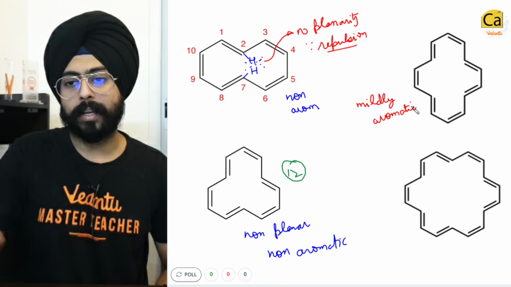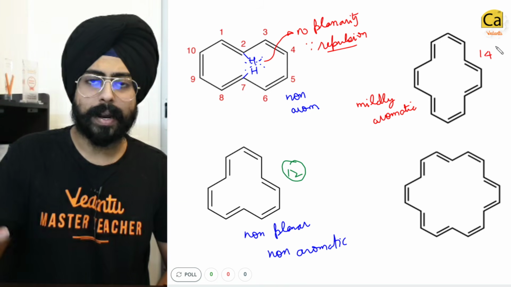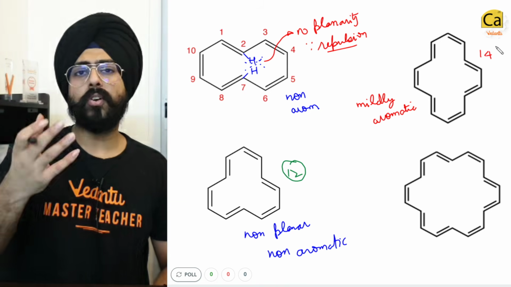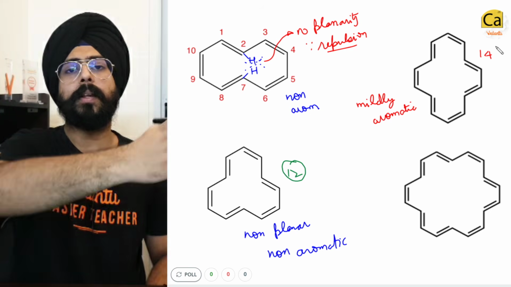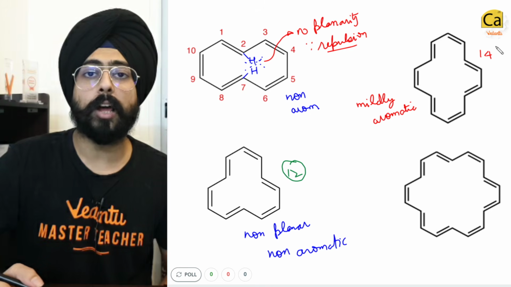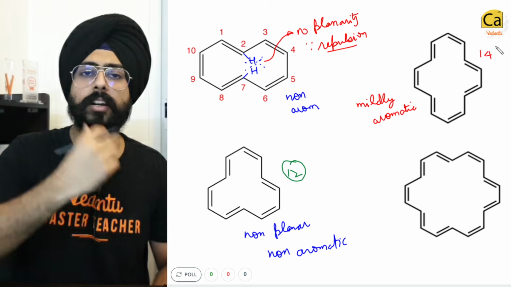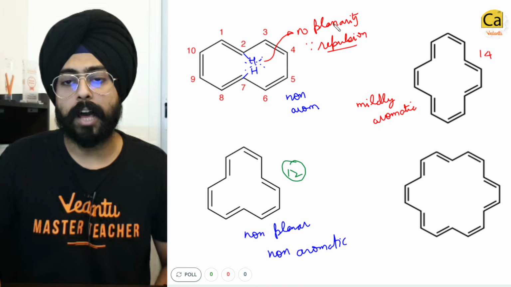Because when we do experiments on this 14-annulene, we realize that even though it is aromatic and planar, it does not have an exceptional stability like benzene. It does not have that exceptional stability that's there for aromatic structures. So technically speaking, it is mildly aromatic. It does not show the characteristics of a typical aromatic structure.